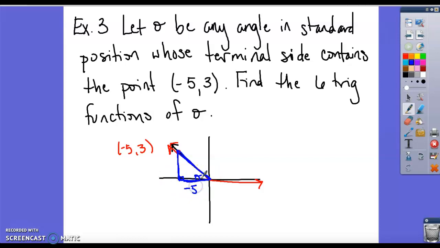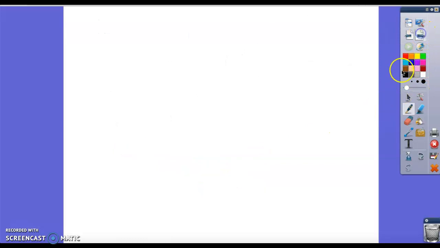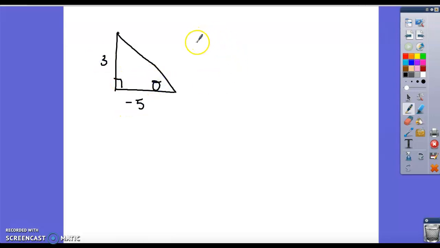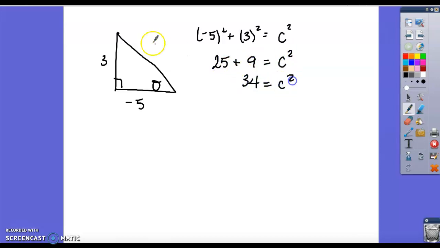That means that the horizontal distance is -5 and the vertical distance is positive 3. So once again, I need to find the length of the hypotenuse. It's going to be the same as the other one because I'm basically using the same numbers, just the 5 is negative, which doesn't matter because I'm squaring it. So the length of the hypotenuse is the square root of 34.